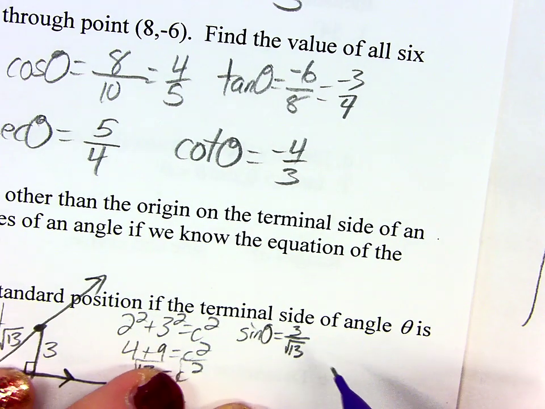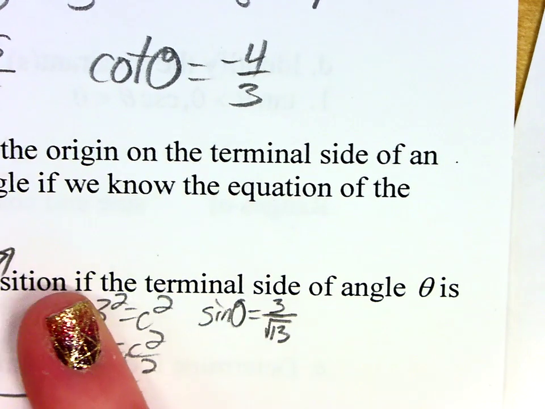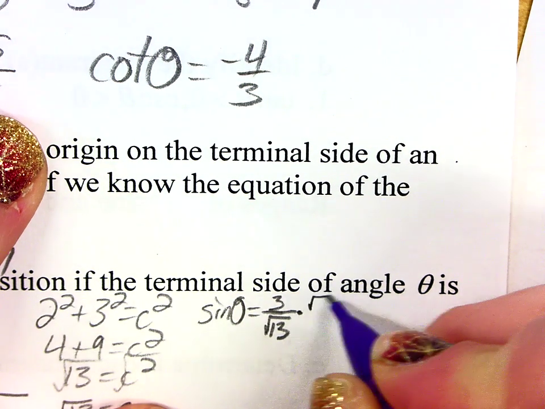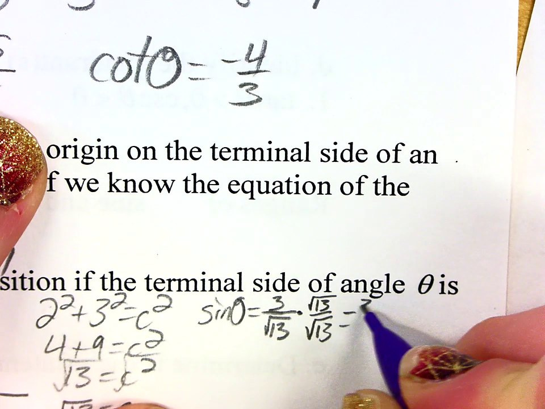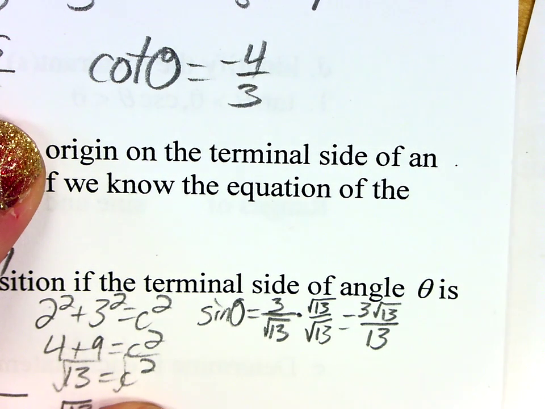No! You have to fix that. Do you remember how? Yes, you multiply by root 13 over root 13. So you actually get 3 root 13 over 13. Annoying, but doable. So now I'm really going to run out of room.